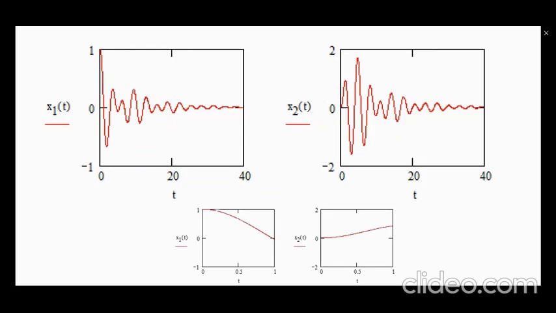Okay, very good. Now to show you that actually this is from 0 to 42 seconds, but if you zoom in to a very short interval here, the reason I did that, if you look at X1 and X2, both of them have zero slope. One starts up there, they are zero slope. They better be zero, because remember, one of the initial conditions was that the two masses are released from rest.